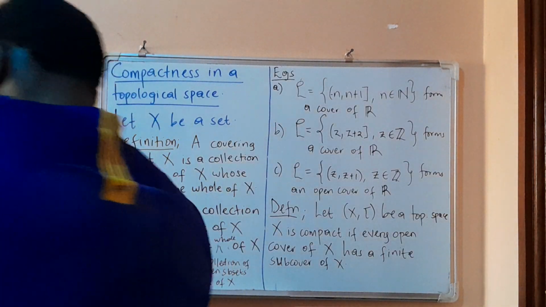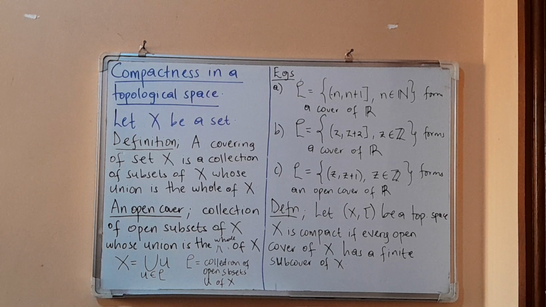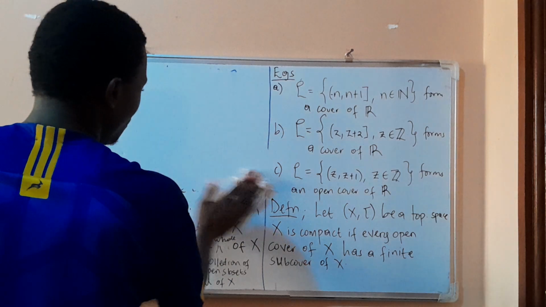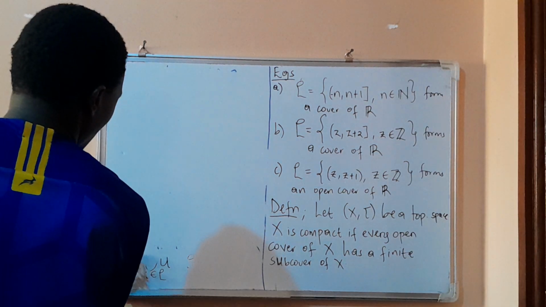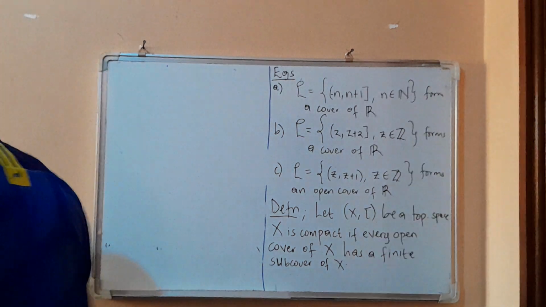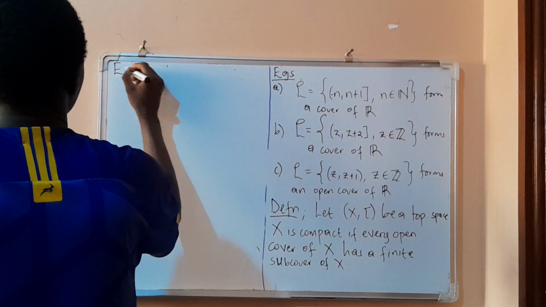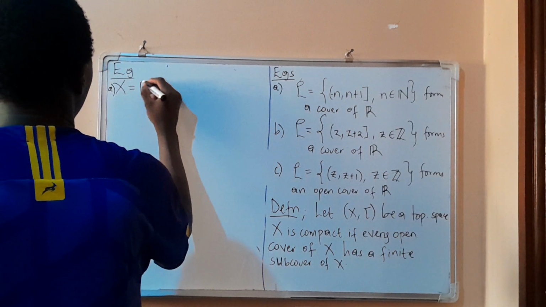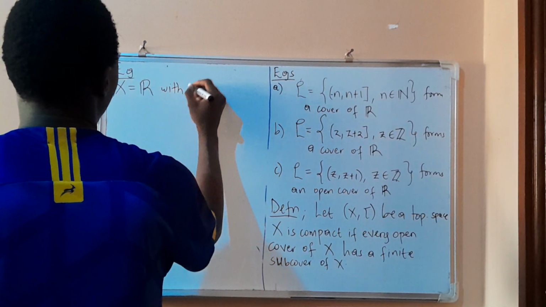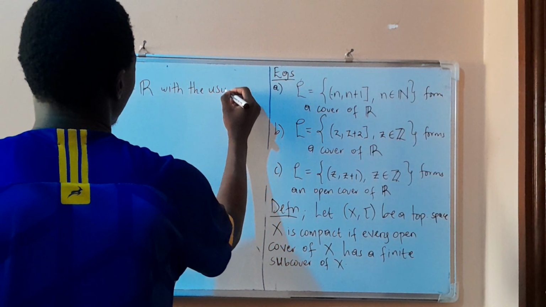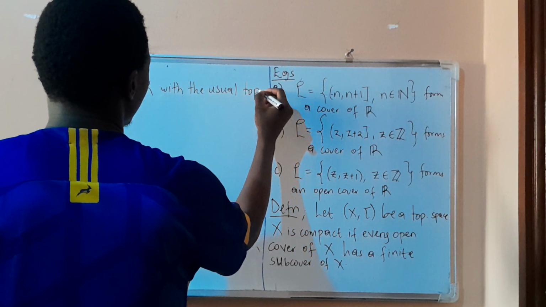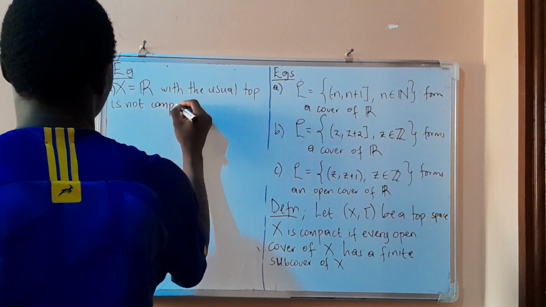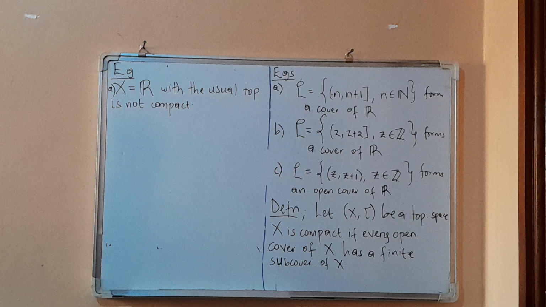So we are going to look at some examples of this compactness. Example, part A: R with the usual topology is not compact.